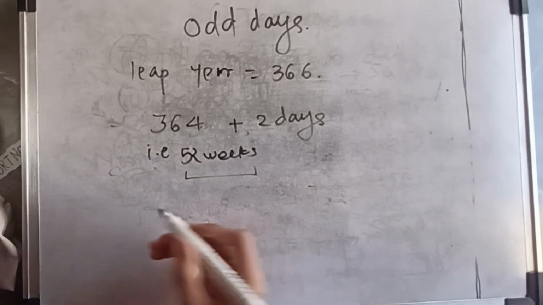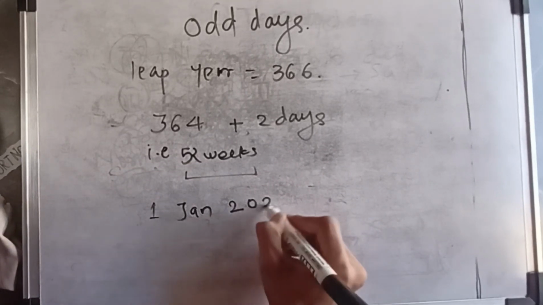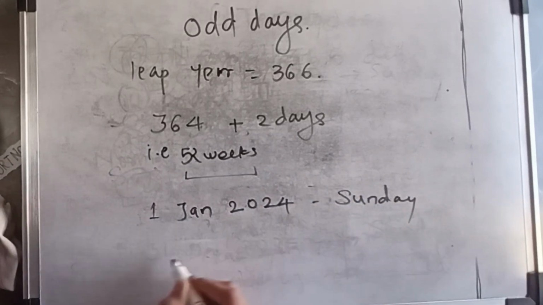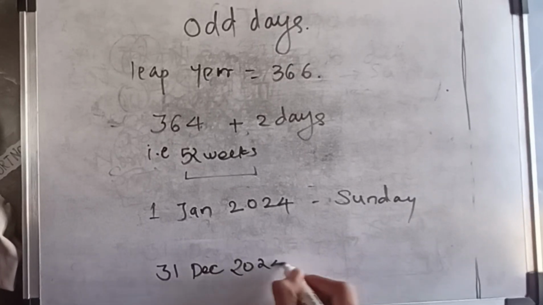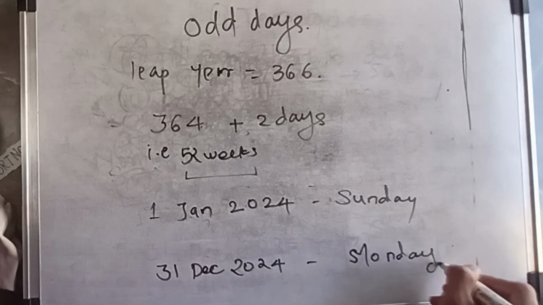If it was 1st January 2024, and assume that it started on Sunday, the last day of 2024 must end on Monday.